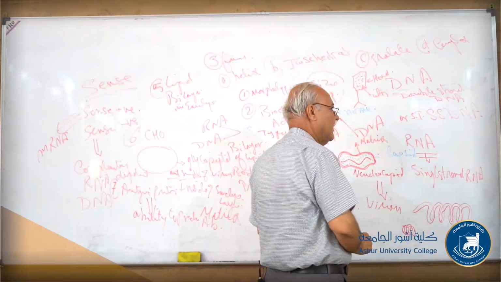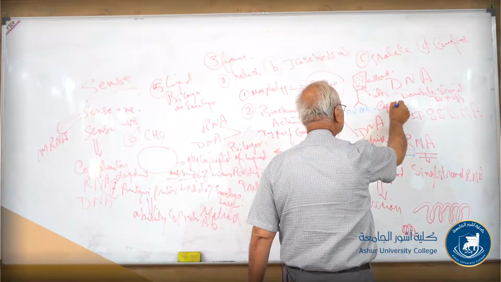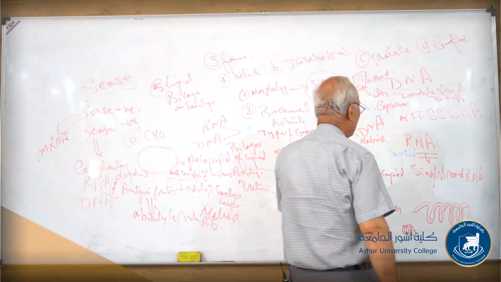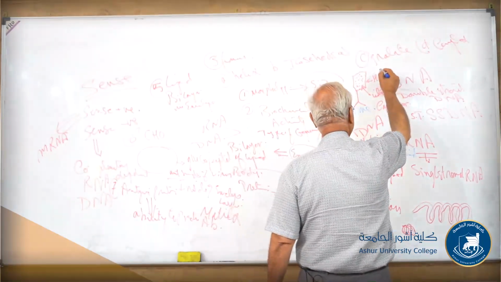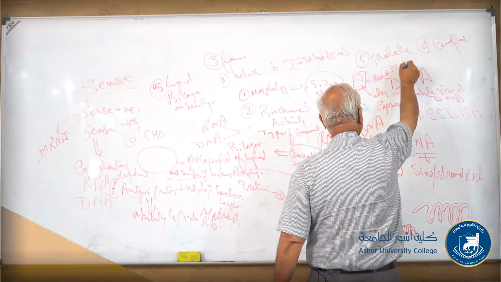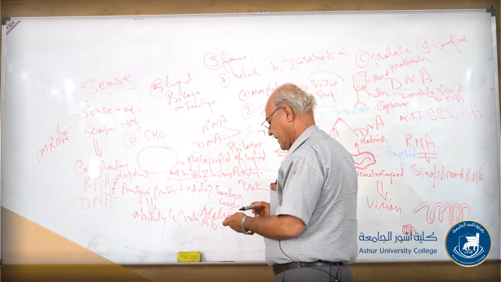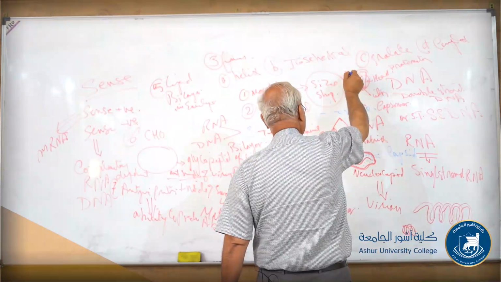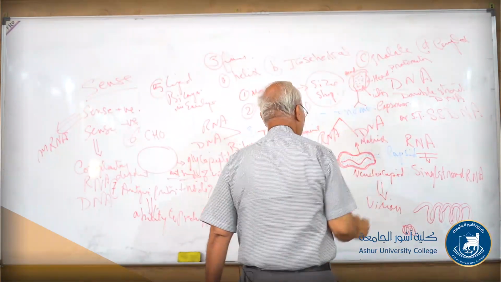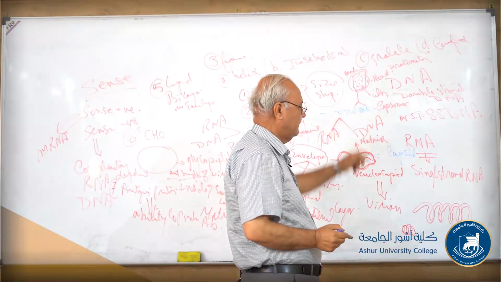These units are named capsomers or sometimes protomers. Sometimes viruses have a head, or species have heads and tails.